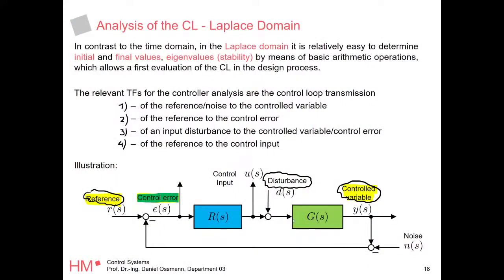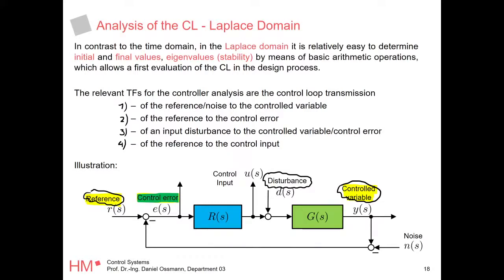Okay, so you see we basically have four transfer functions we will take a look at, and as we are in the Laplace domain, it's actually pretty simple. We can just do block diagram algebra. Nothing new here, basically the same things as we have done already when we introduced the block diagrams.